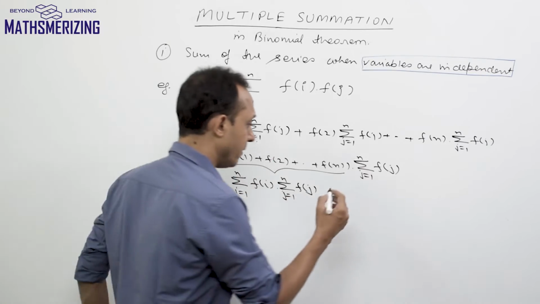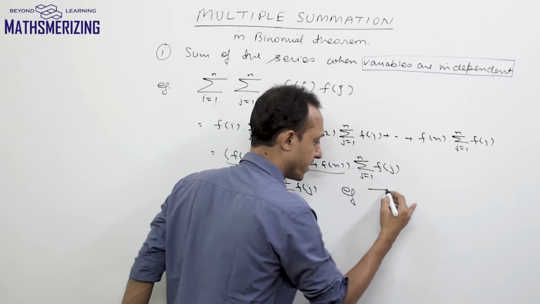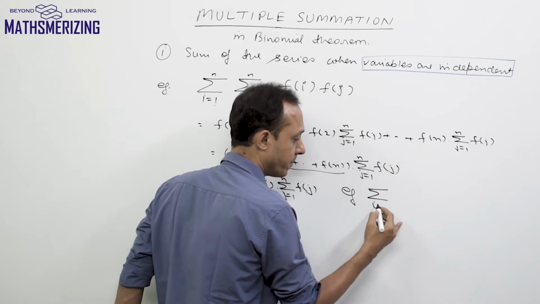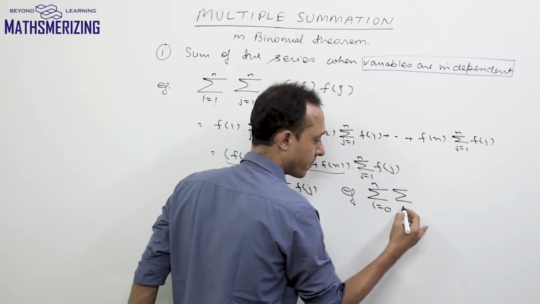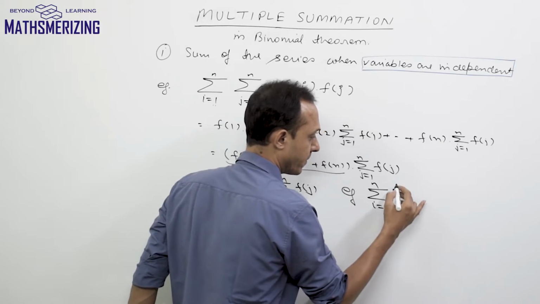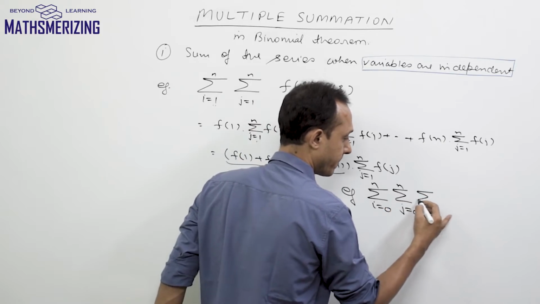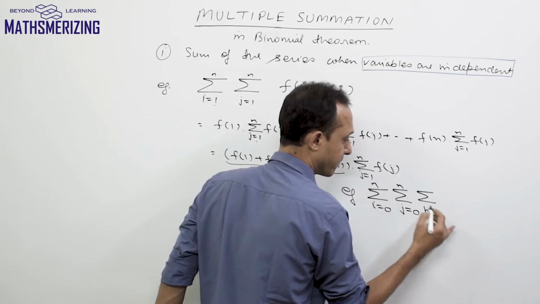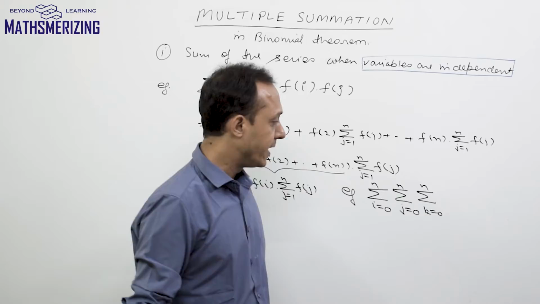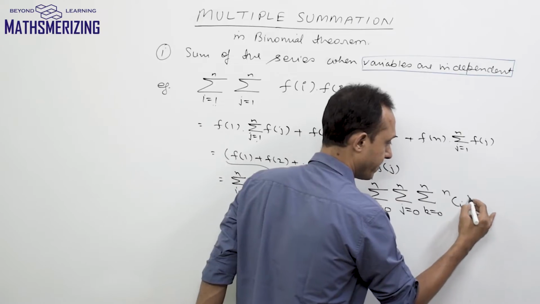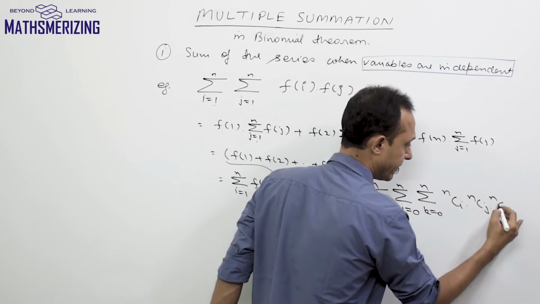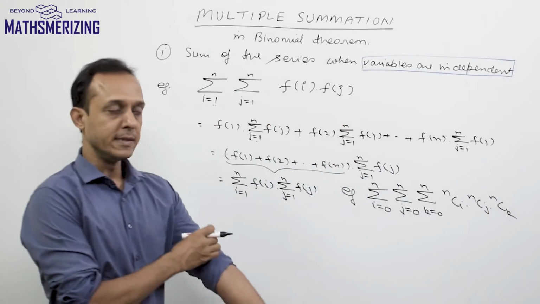Now say for example, suppose I have this question where I need to find the value of the sum where i varies from 0 to n, j varies from 0 to n, and k varies from 0 to n, and I need to find this product, which is nCi into nCj into nCk.